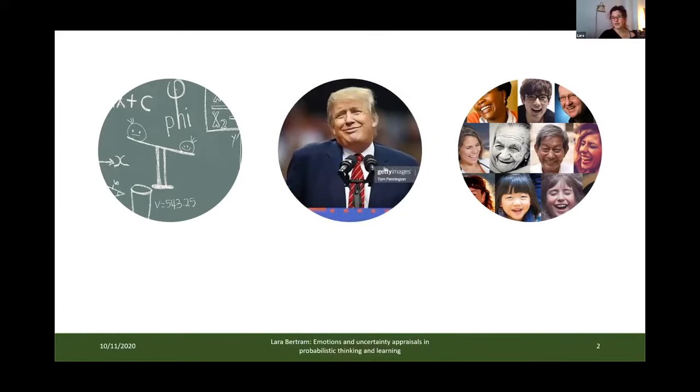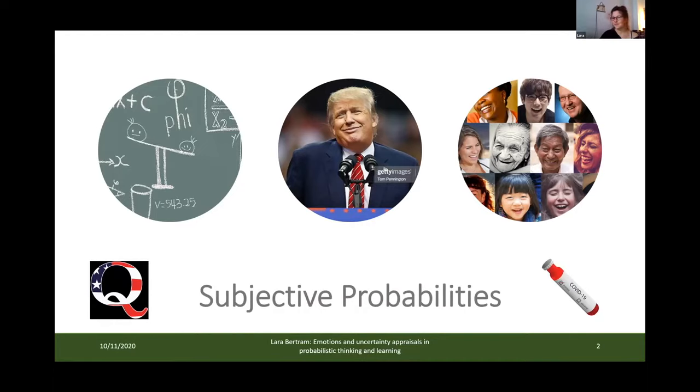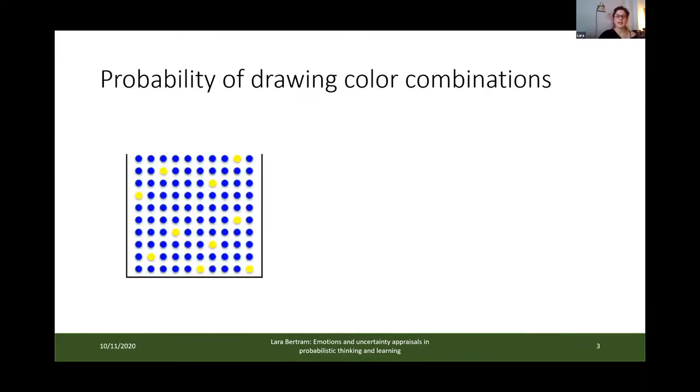Some of us are even very extreme individuals and ignore probabilities altogether, but there are also, especially at the moment, larger groups of people who seem to exhibit something that I may just call subjective probabilities. And that's why I'm interested in how people perceive and process probabilities and how these mathematical cognitive processes are affected by maybe our personality, but maybe also our emotions, our emotional state and trait.